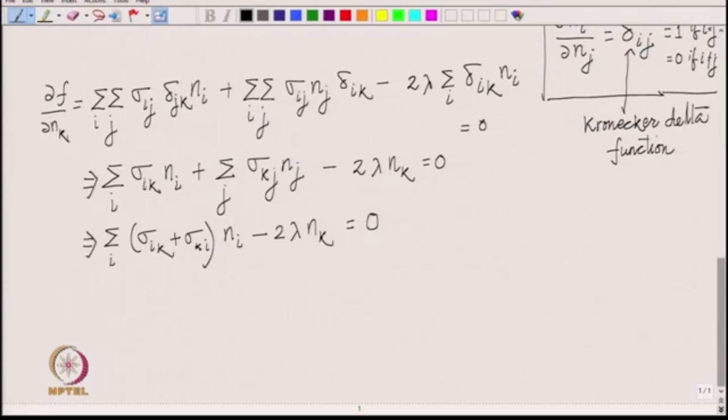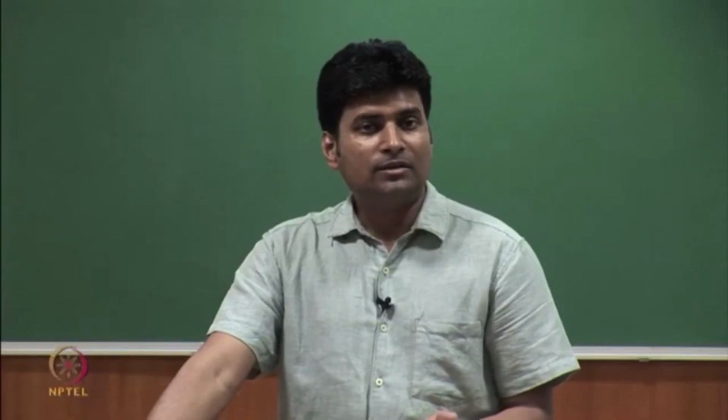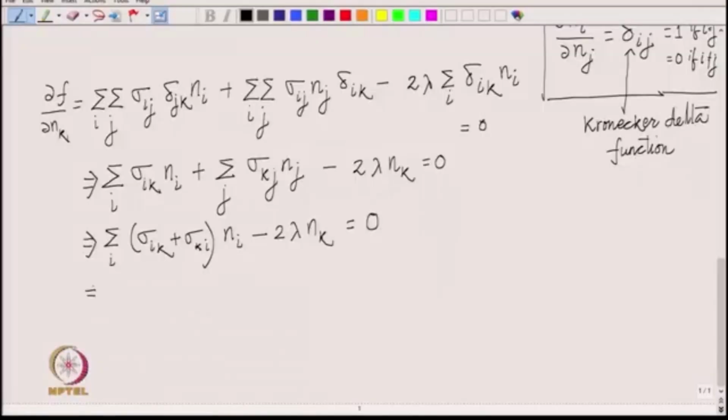You see, you have already derived that the stress matrix is symmetric. So, sigma_ik is same as sigma_ki. So, the thing inside the bracket we can then write as 2 times sigma_ki, right, and then 2 cancels from both the terms and we simply have summation over i of sigma_ki n_i minus lambda n_k equal to 0.